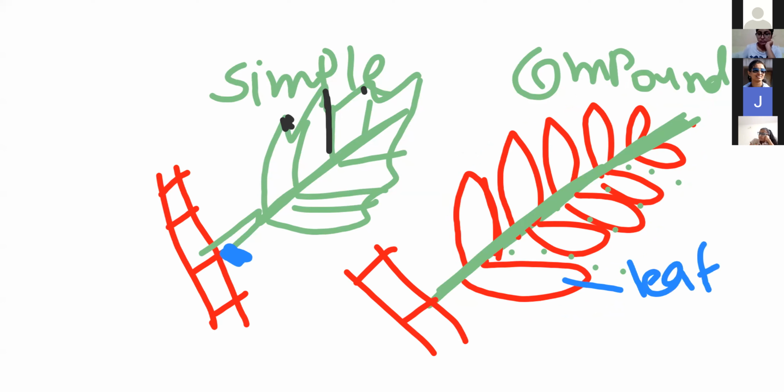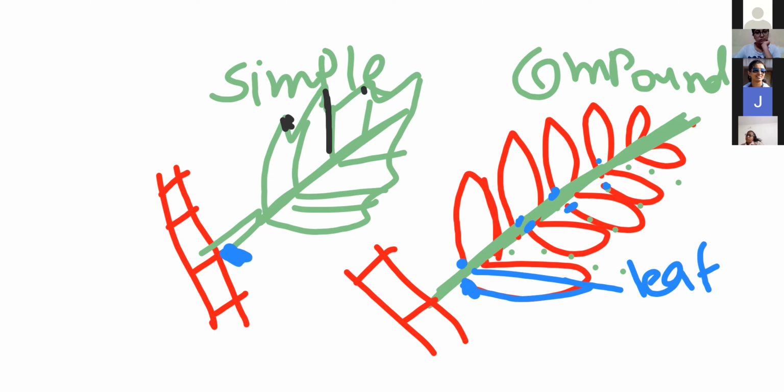How can we differentiate that this one is a leaf, this one is a leaflet? Remember, if these all are leaves, then at their base what will be there? Axillary bud. Over here, if these all are leaves, then each leaf has its own axillary bud.